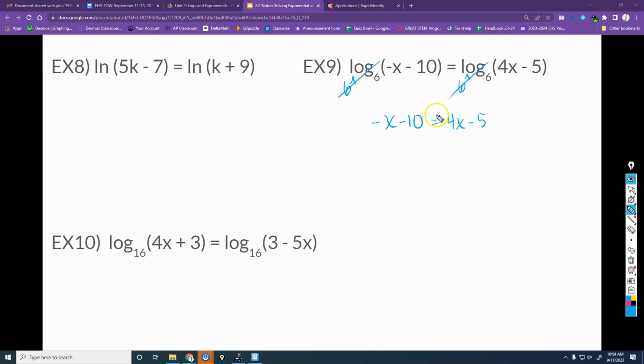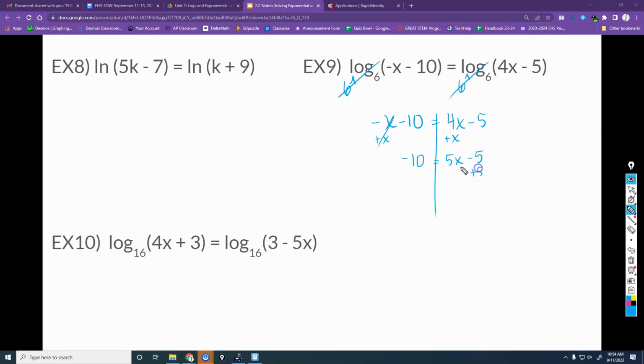William, what should I do to solve that? Okay, let's move our x's first. Which one do we want to move, the negative x or the 4x? You can do either one, but I kind of like doing this so that I don't end up with negatives, right? So I have negative 10 equals 5x minus 5. Then what would we do next, William?